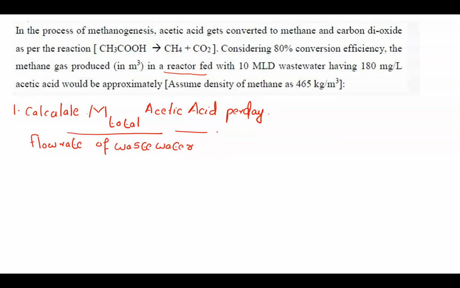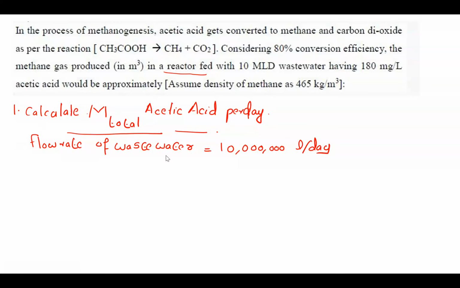What is the flow rate? It is 10 million liter per day. So that means 10 to the power 7 liter per day. This is the flow rate of wastewater in the whole system.